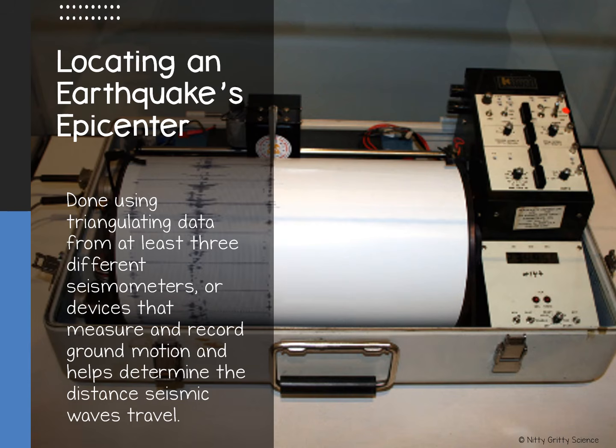Geologists use seismic waves to locate an earthquake's epicenter. Seismic waves travel at different speeds, and as we talked about, P waves arrive at the seismograph first, with S waves following close behind. Using the P and S waves, scientists follow steps to locate the epicenter.